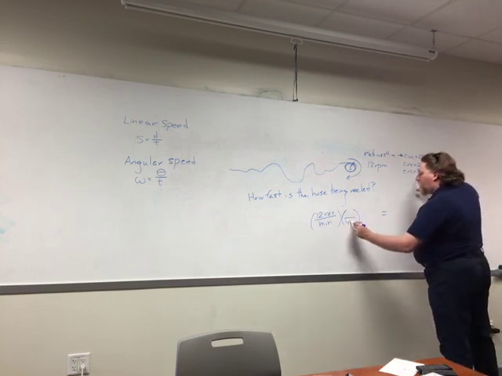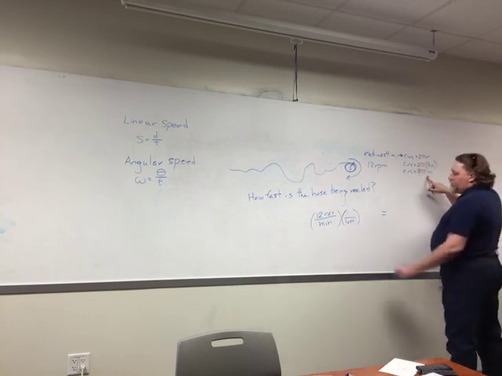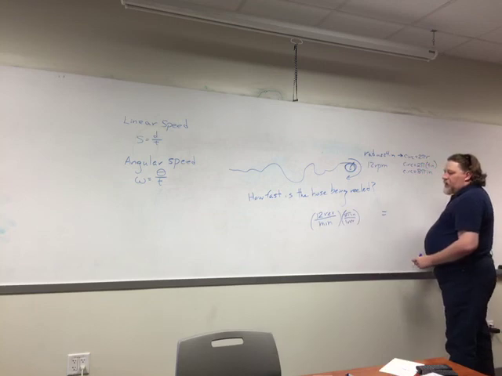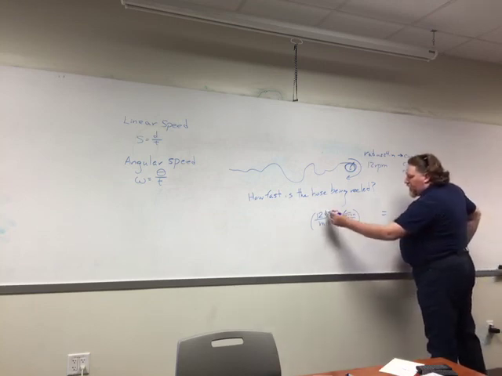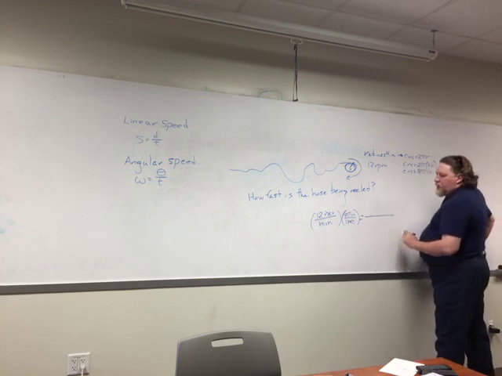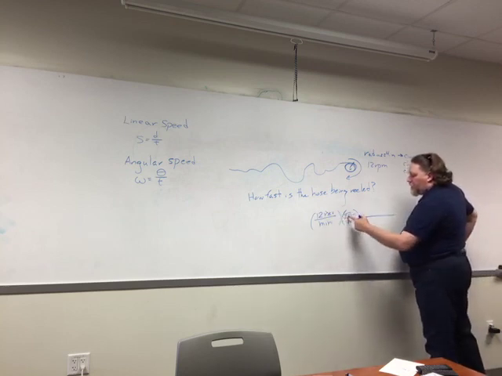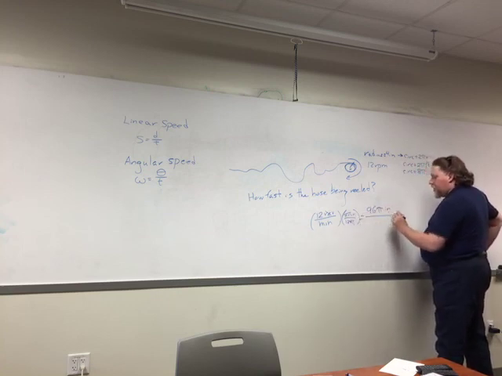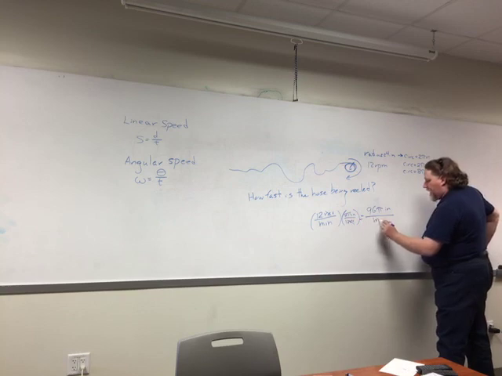So 1 revolution is the same thing as 8 pi inches. And now you notice revolutions cancel out. So I have 12 times 8, that's 96 times pi inches each minute.